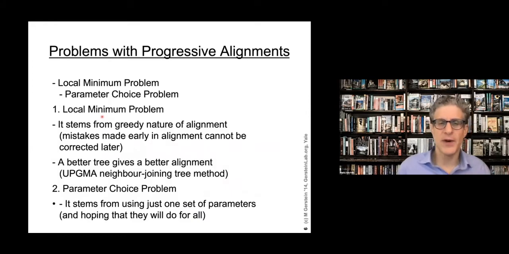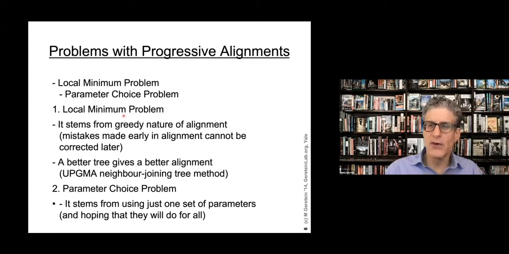And there's a number of problems here. One I've kind of alluded to already, and that's really the main problem: as you're aligning things together, in all these approaches, you fuse the alignment of two things together to create a consensus sequence from the two. And then you add things onto that, and then you fuse them as you add them.